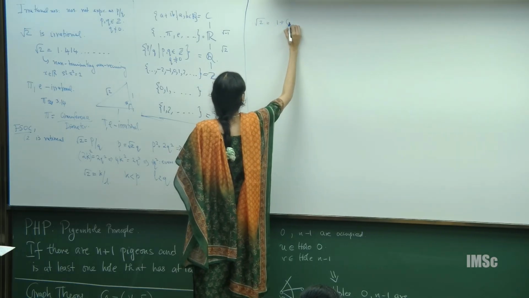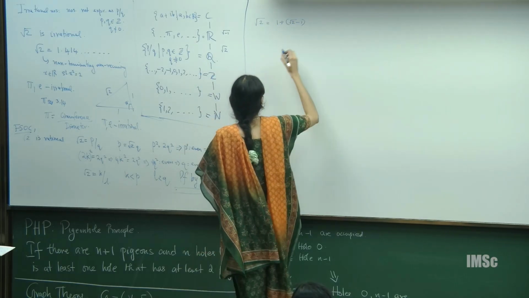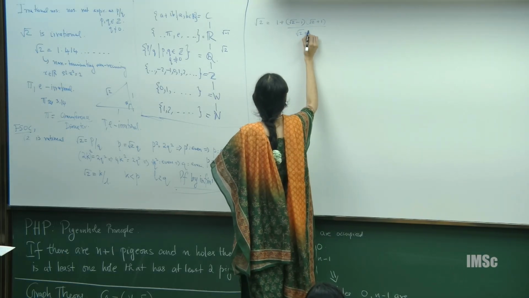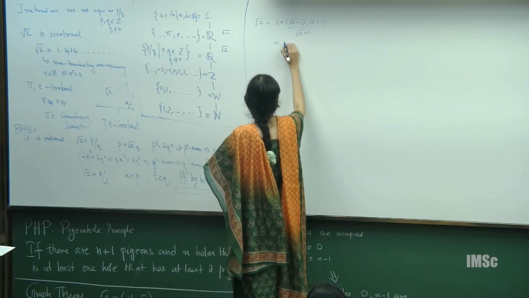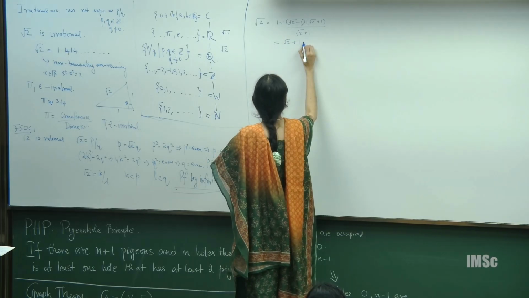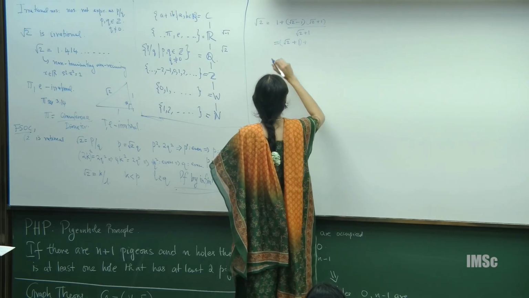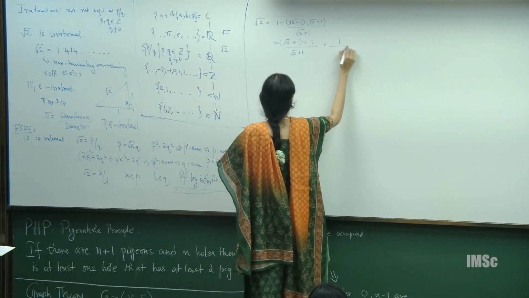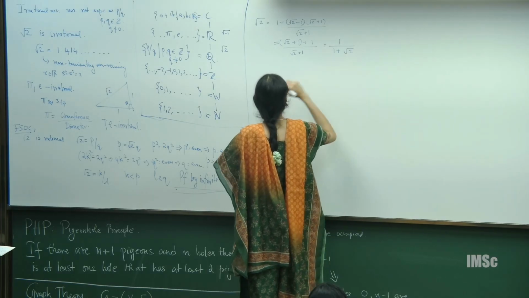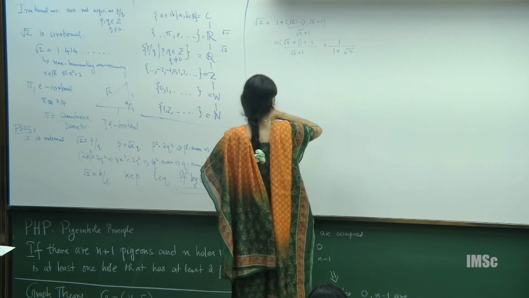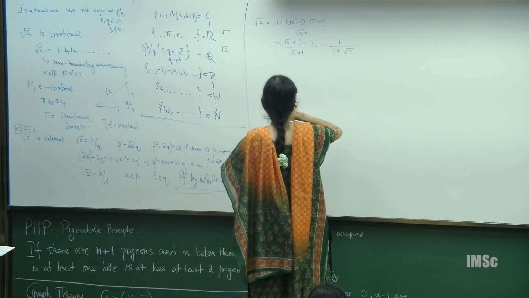As 1 plus root 2 minus 1, then you multiply by root 2 plus 1 and divide by root 2 plus 1. I hope I will get it correct. Is it okay? No, there is some issue.